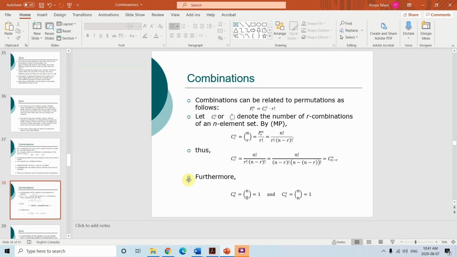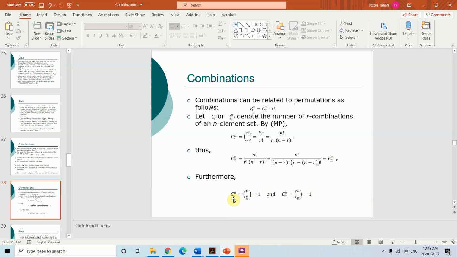Because if you select R objects out of n objects, you basically selected the n minus R objects that you didn't want. So it's the same as choosing those n minus R objects and not wanting the R objects. So C of n and R, the R combination of n objects, is the same as the n minus R combination of n objects.